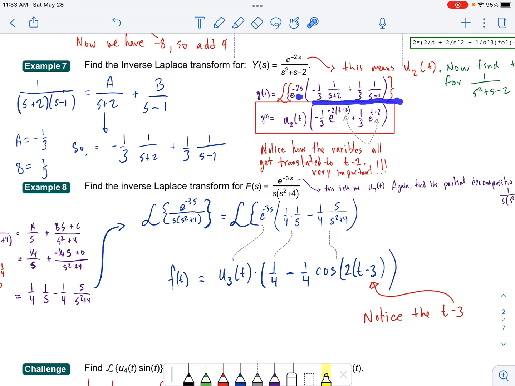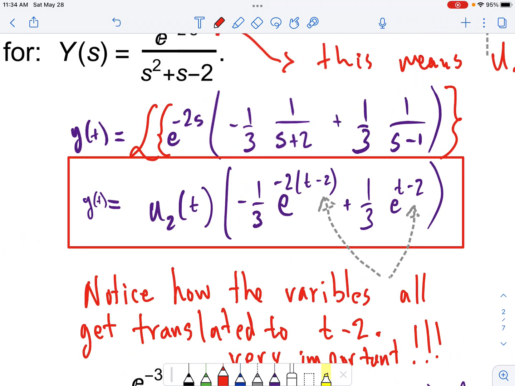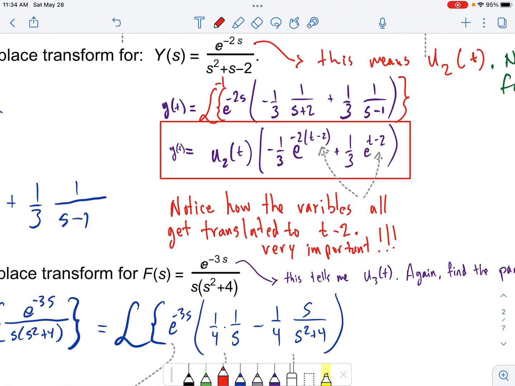And so what that tells me is, well, the inverse Laplace, oops, I forgot my inverse notation here, so let's add in an inverse Laplace on that. That's going to give me a u sub 2 from our shift there and our unit step. Then it'll be a negative 1/3.